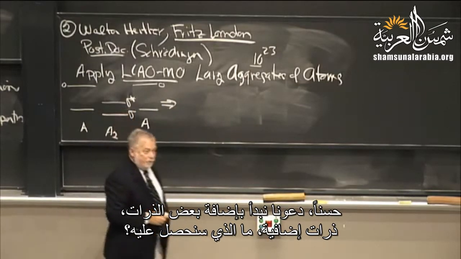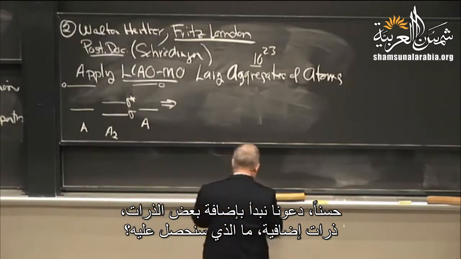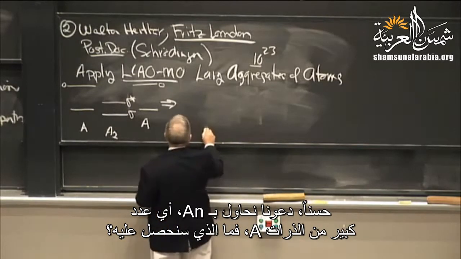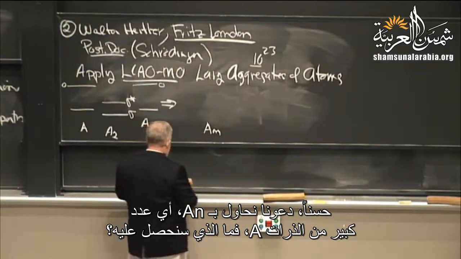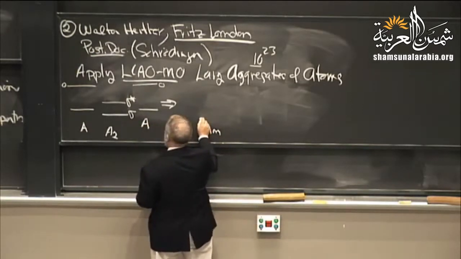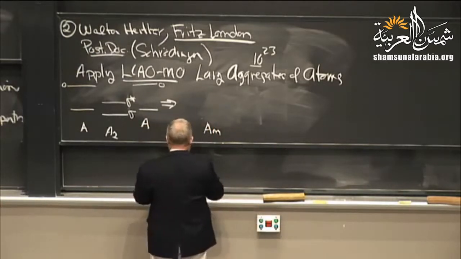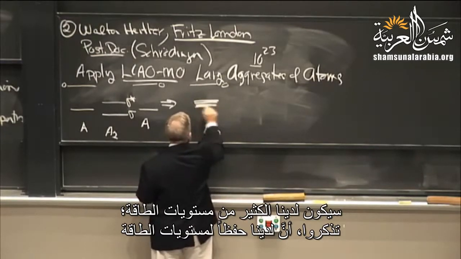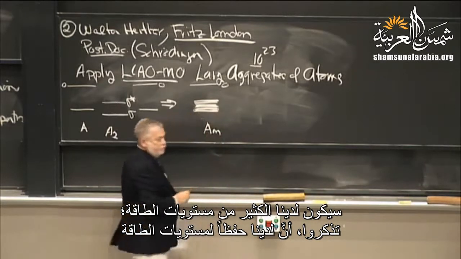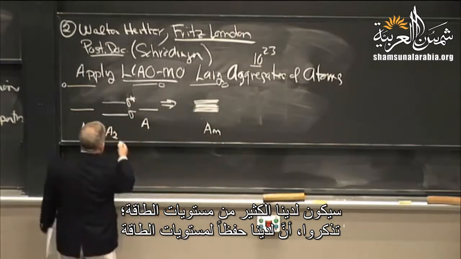Well, let's start adding some additional atoms here. What do we get? Well, let's just call it A sub n, lots of atoms. What we end up with, of course up here is 0, we end up with lots of states. Remember, we have to have conservation of states.